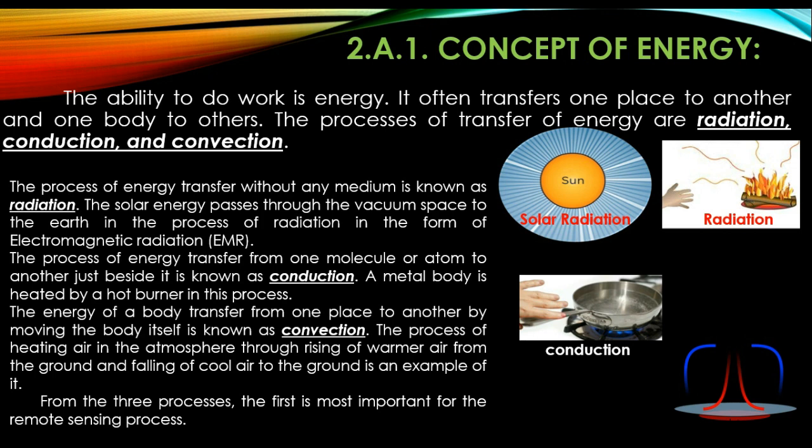The process of heating air in the atmosphere through rising of warmer air from the ground and falling of cool air to the ground is an example of it. Of the three processes, the first is most important for the remote sensing process.